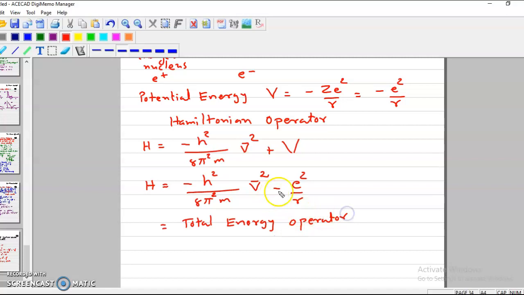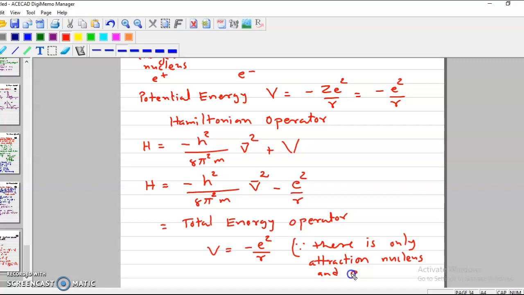Okay, and we are taking negative sign over here because V is equal to minus e square upon R, because there is only attraction between proton and electron, between nucleus and electron. Therefore, negative sign is used. Okay, so this is the case for hydrogen atom.